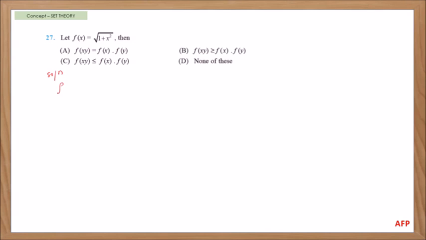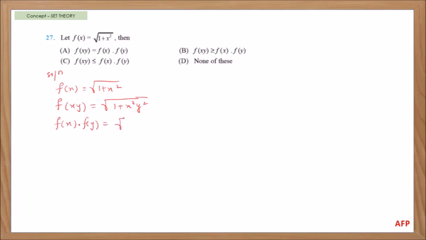F of x is given here. Any one condition. In all the conditions you can see f of x into f of y, so you will find that value first. F of xy is equal to square root of 1 plus x square y square. This is one part. Next, f of x into f of y.